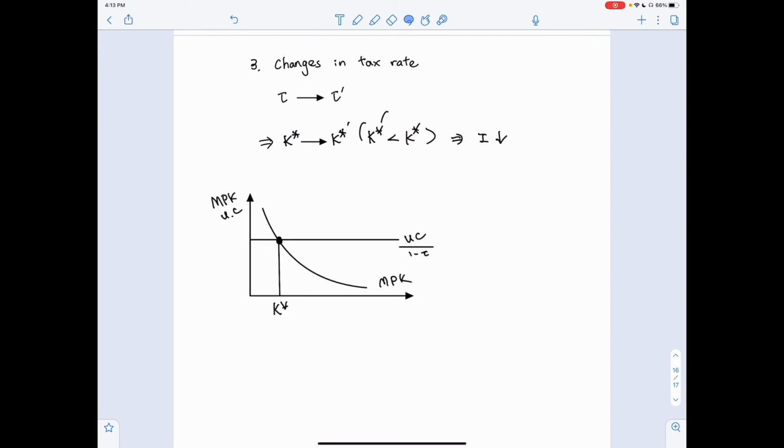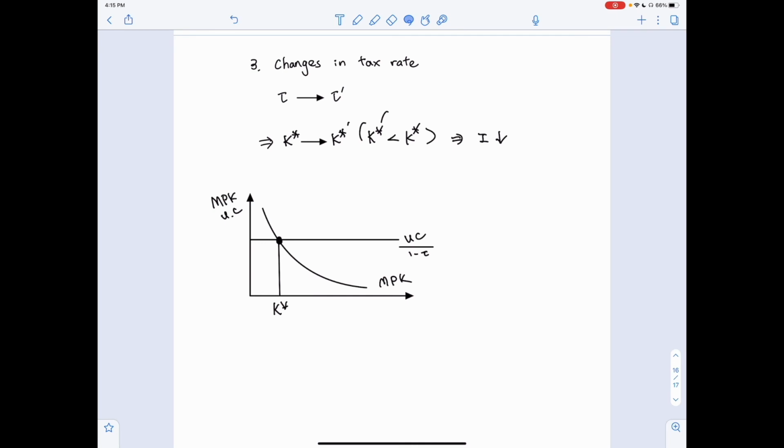We now adjust the user cost of capital by introducing a term called the tax-adjusted user cost. Based on this concept, we find a capital stock level that equates the marginal product of capital to the user cost of capital after tax. Then we face an increase in the tax rate, so the denominator 1 minus tau becomes smaller.